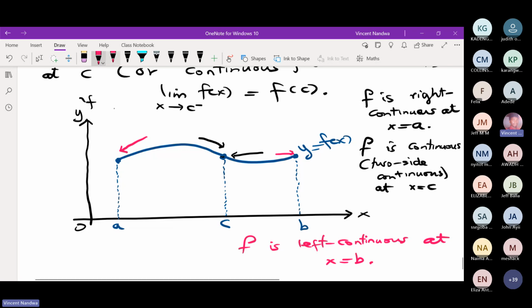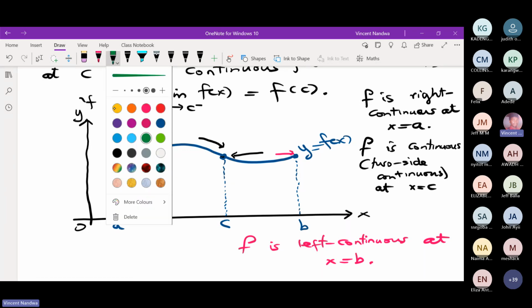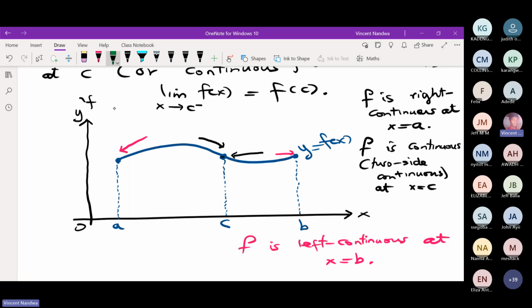So that's why we can simply say at this point here, A, we have continuity from the right. And then at point C, two-sided continuity.